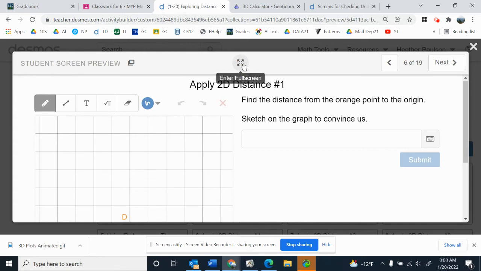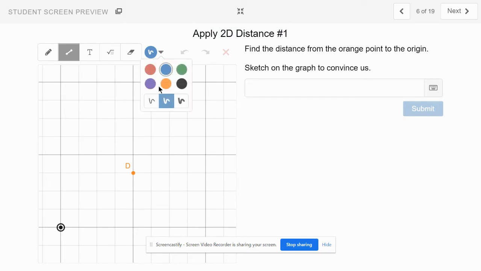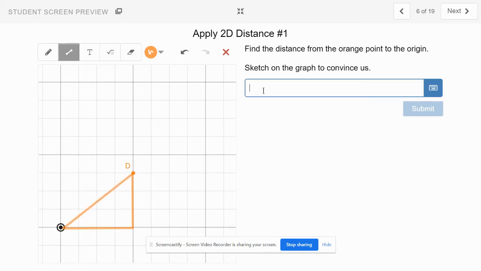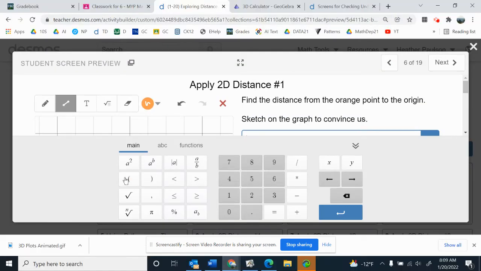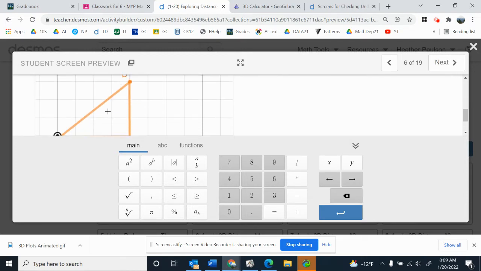Apply your knowledge of distance. So notice this orange point. We want to create the distance from the origin. So there's 3 spaces down, 4 spaces to the left, and that is the direct distance from the point to the origin. So when we are calculating, remember we need to take the square root of, and let's look at these distances again.